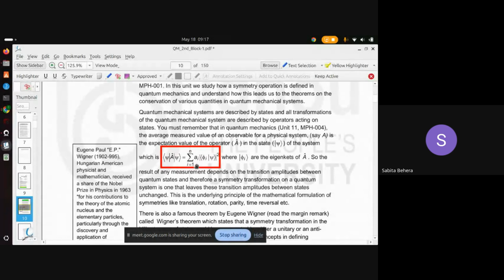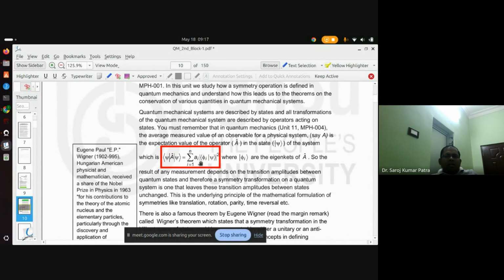Yes. Okay. So this is basically giving you an expectation value or the measured value. When you do an experiment and you are measuring something in a quantum system, the expectation value is the value which you generally get in an experimental result. So how exactly do you define the bracket ⟨ψ|A|ψ⟩?